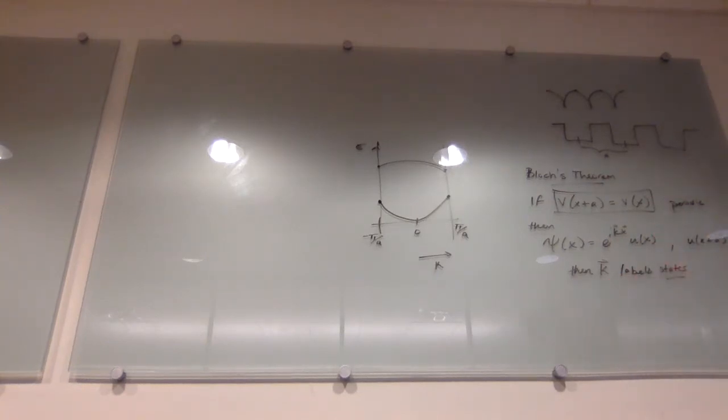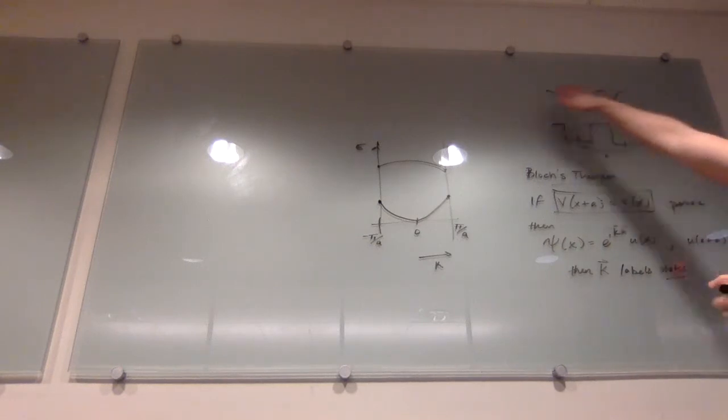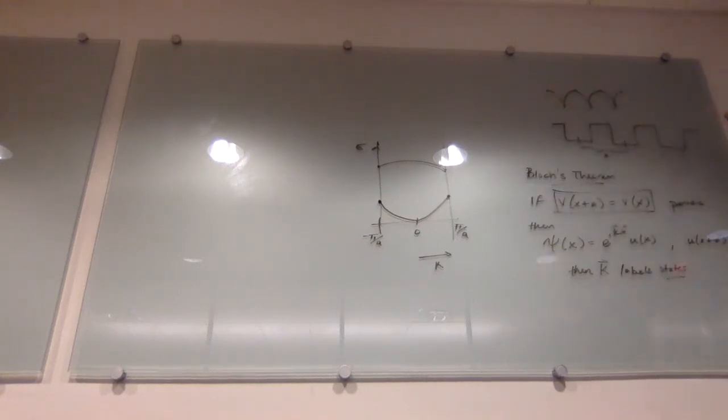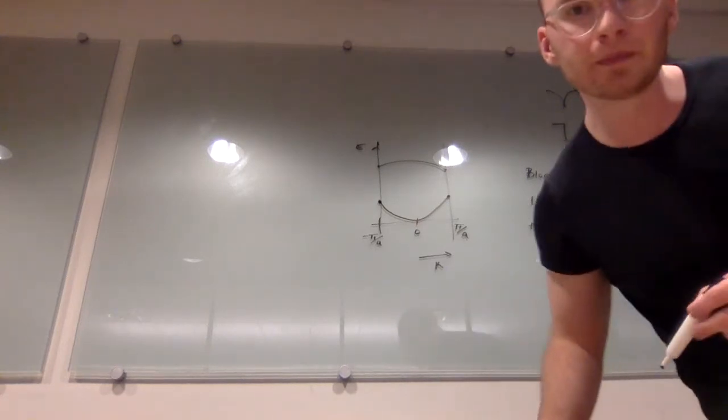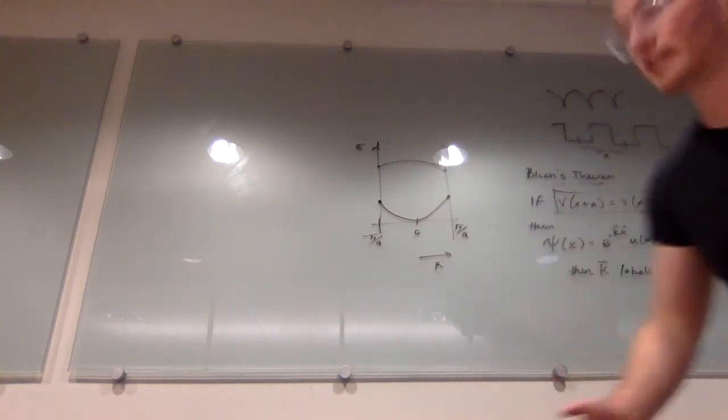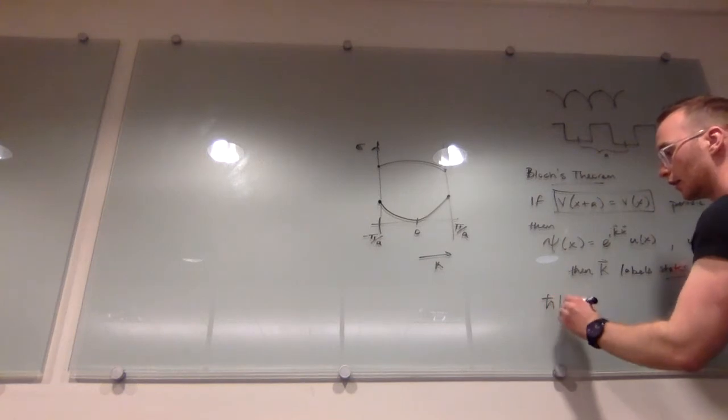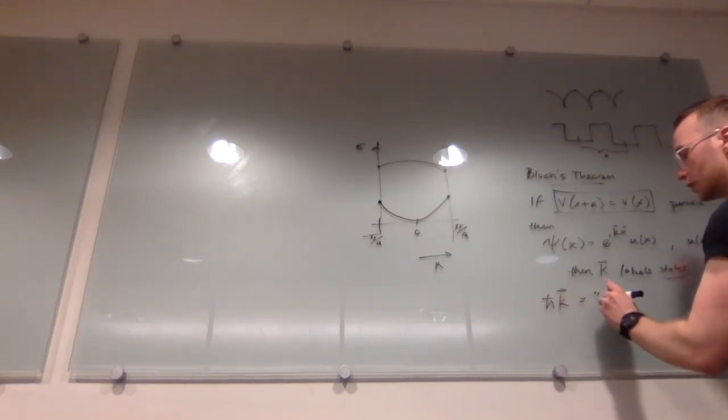If you're talking about some matter with electrons moving around in it, and you want to say what are the possible states they could be in, they're labeled just by k. That's the only parameter in this. And h bar k is called the crystal momentum.